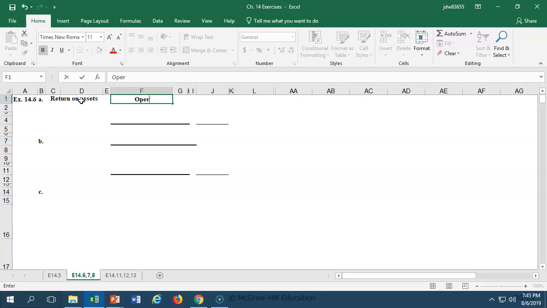The top is going to be operating income, divided by average total assets. The top should be 9454.